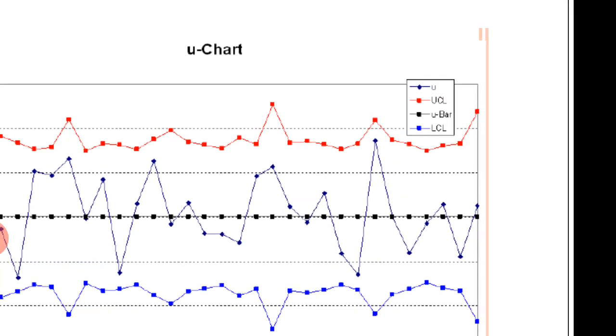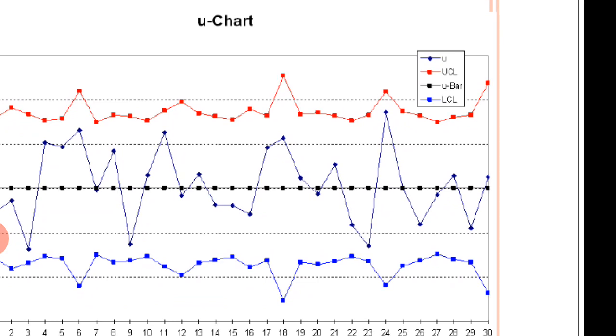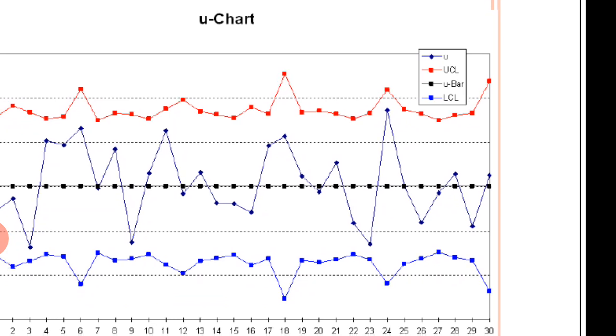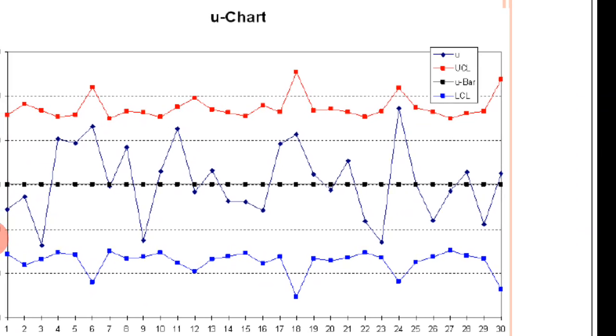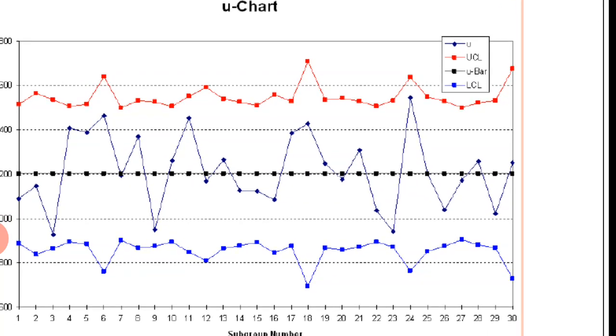With different ink it is shown here. For blue color lower control limit, red color upper control limit, and u bar with the black dots.